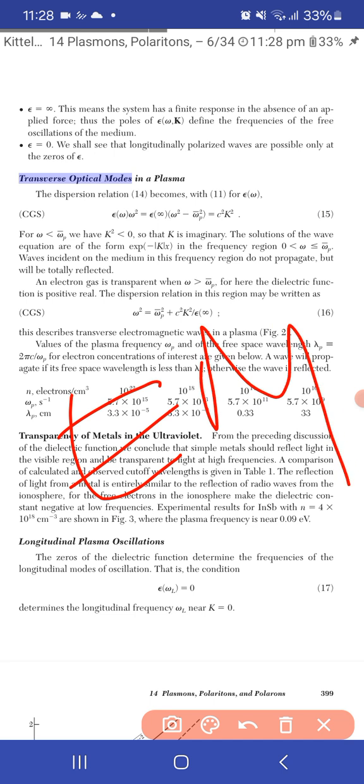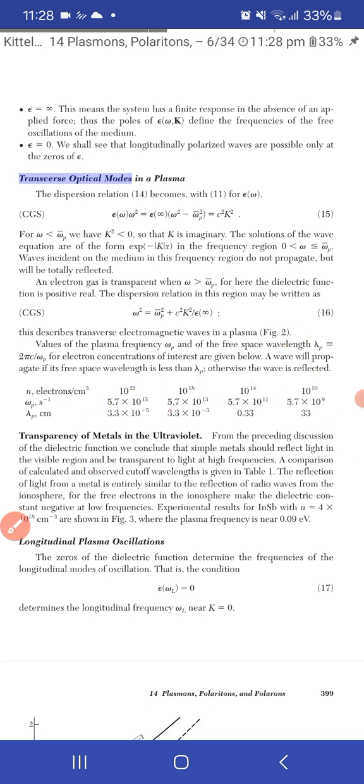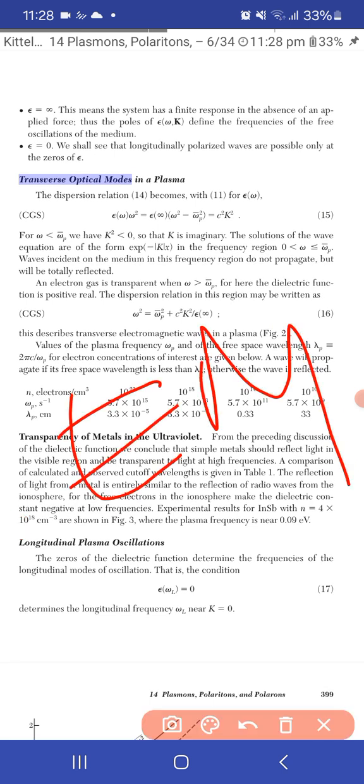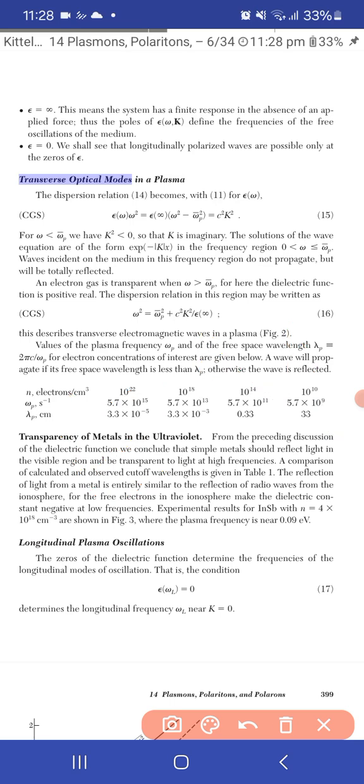The values of plasma frequency omega p and free space wavelength lambda p are related by lambda p equal to 2 pi c by omega p.